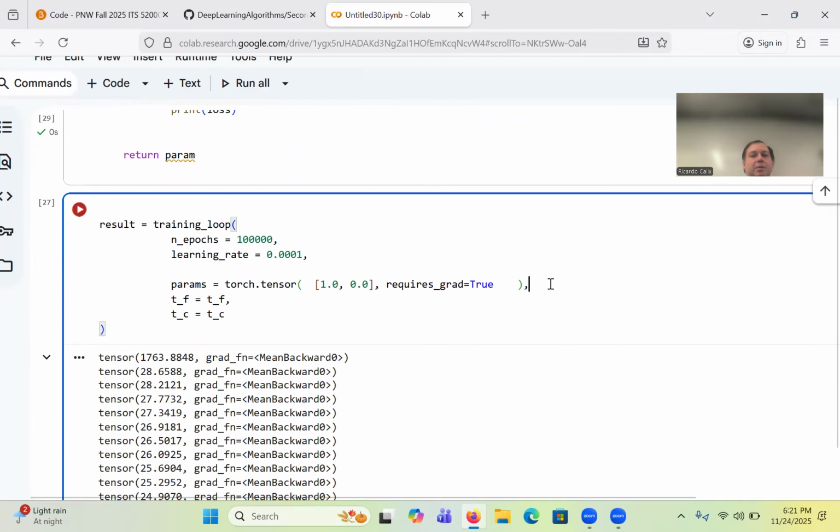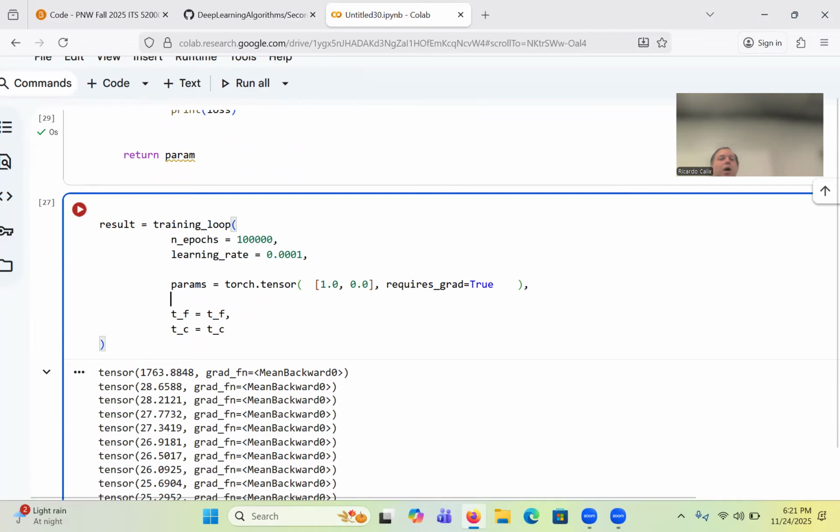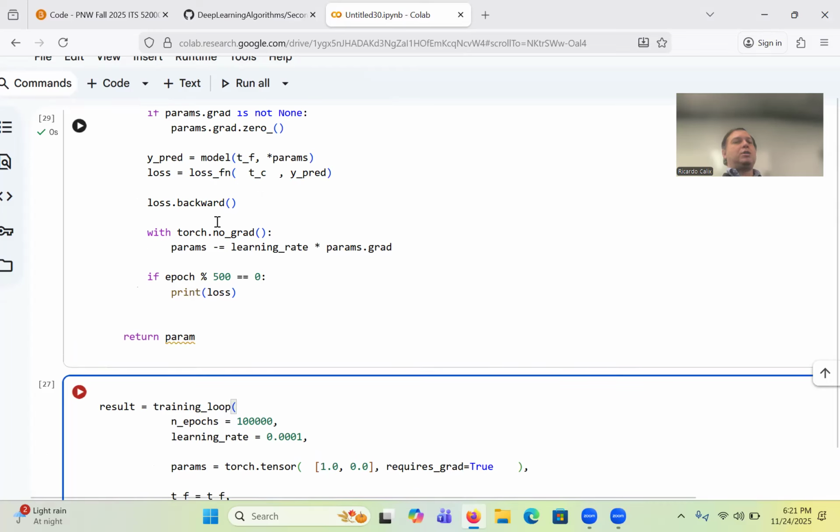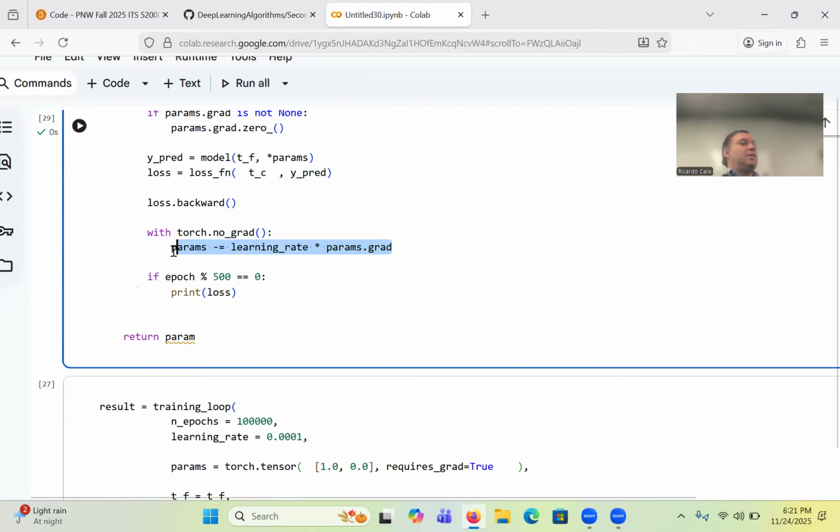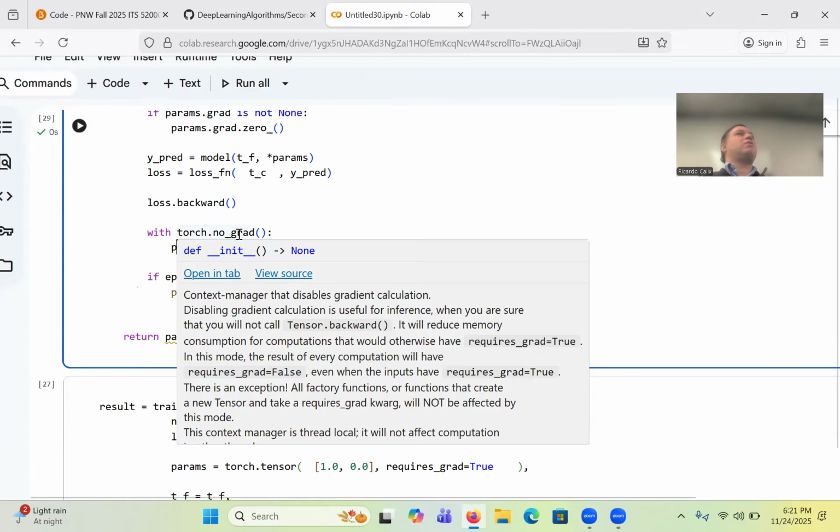Remember, we are passing the parameters here, requires grad equal true, which means that in the computational graph, this is the thing that we take the derivatives of every time we run loss dot backward. And then for params we actually don't do step, and instead we update manually ourselves. The torch no grad is so that the system doesn't try to update automatically.